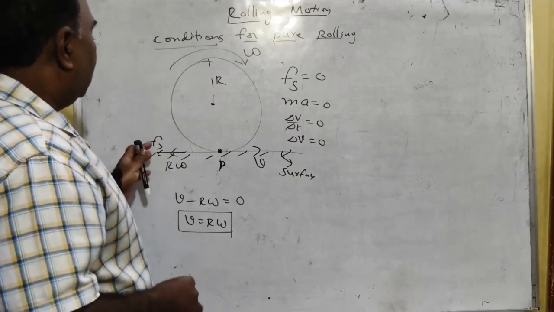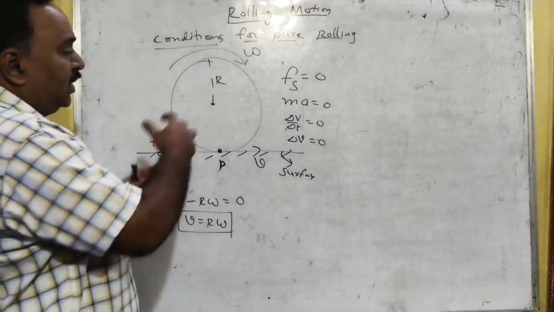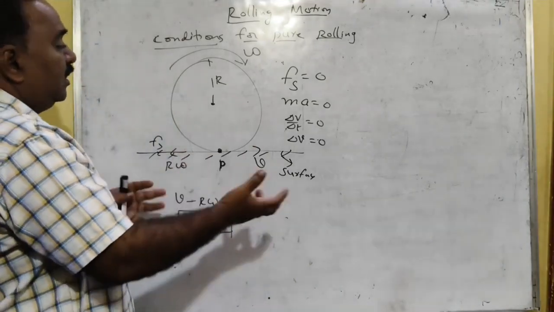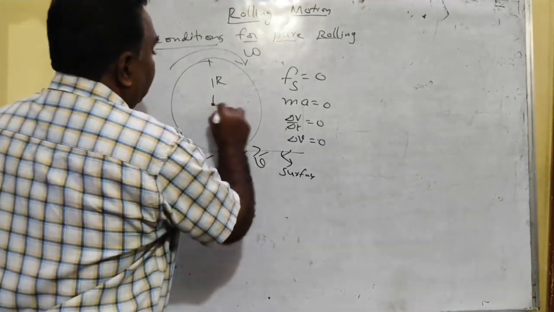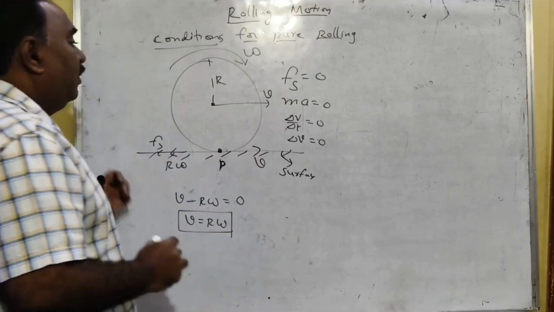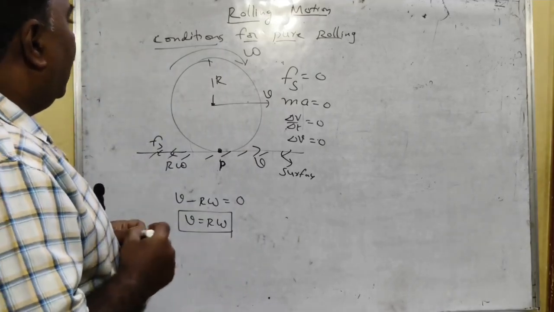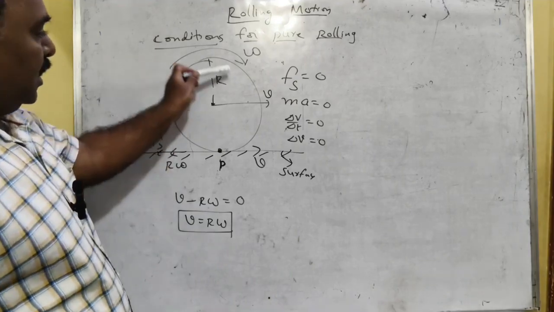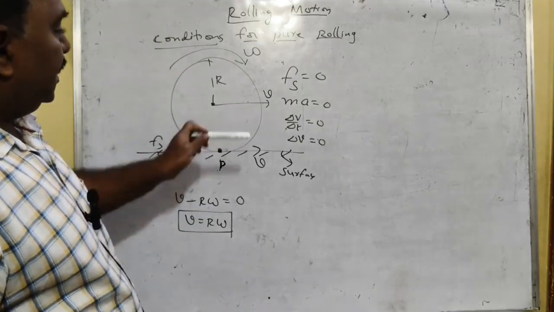Here static friction is self-adjustable, whatever V or omega may be. V is the velocity of the center of mass, and every particle also will have the same forward velocity, plus the transverse, that is tangential, velocity.